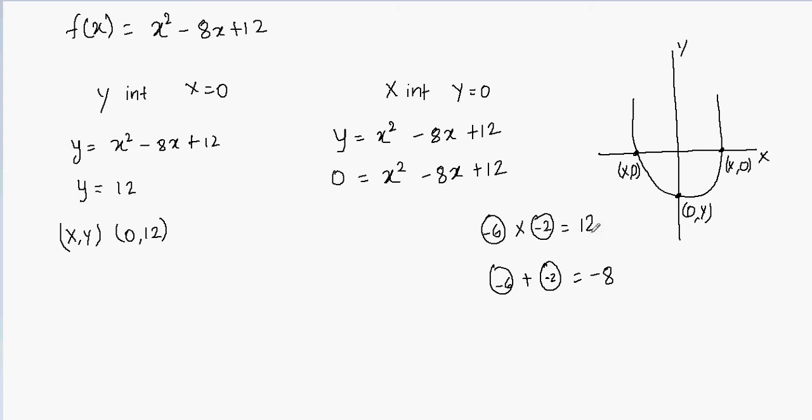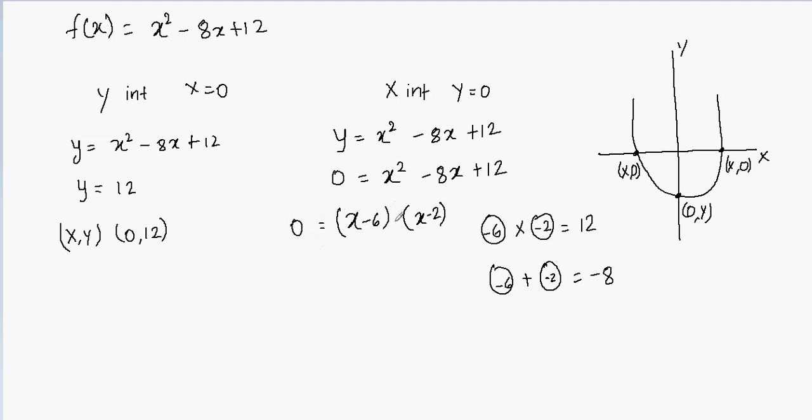So 6 times 2 is going to be 12, and 6 and 2, when you add them, you get 8. But since this is negative 8, when we add two negative numbers, we always get a negative result. So the factors are negative 6 and negative 2, and this is equal to 0 here.